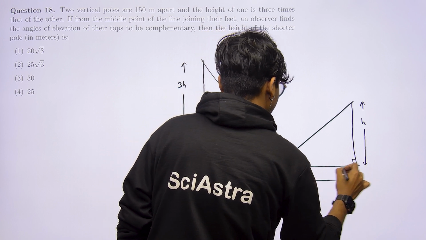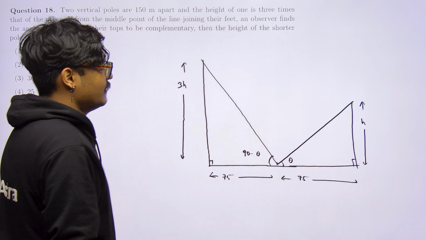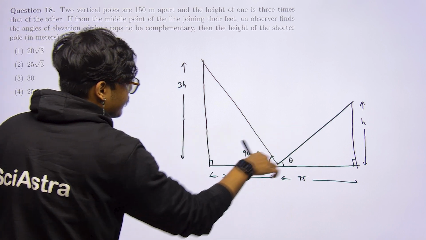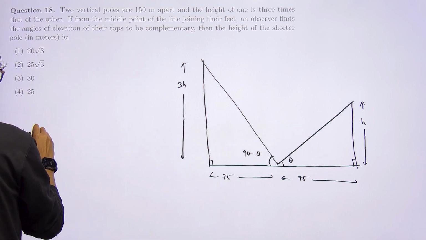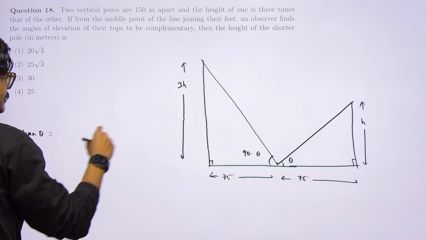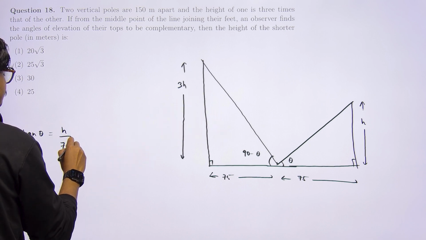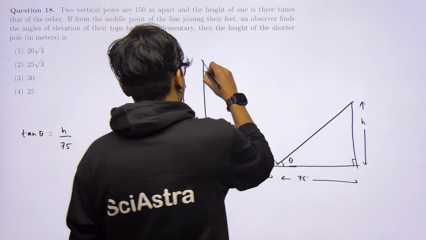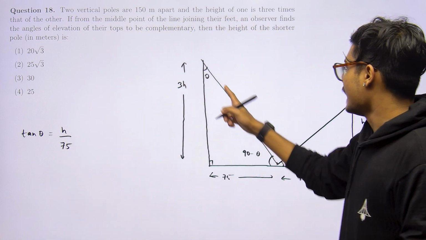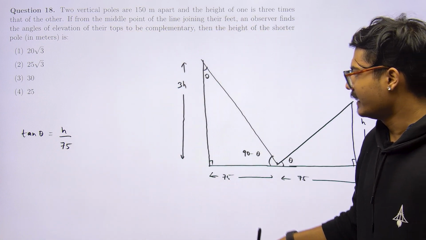Now these are perpendiculars. So if you look at the value of tan theta from this particular triangle, you can say that tan theta is going to be h by 75. But if you come to this triangle, this is theta, right? So tan theta is now going to be 75 by 3h.